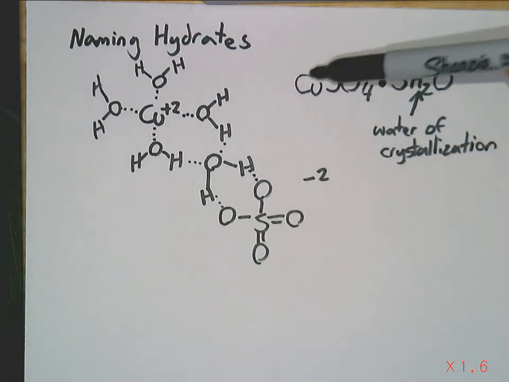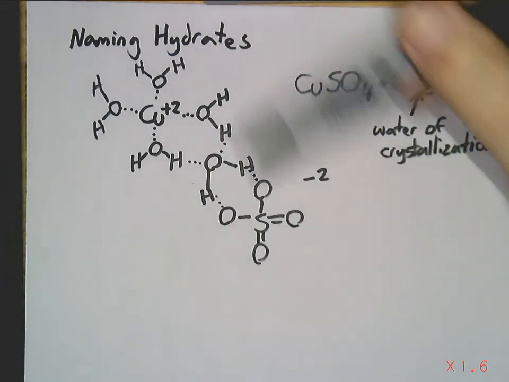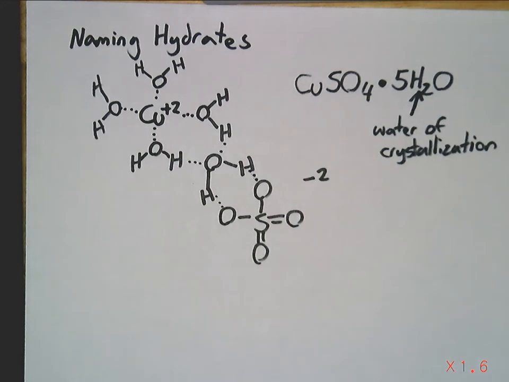This water will go away, and you'll just have copper-2 sulfate, and the crystal structure will be destroyed. It no longer has the water molecules to glue it together like this, and you'll get this crumbly white powder instead of this bright blue crystal. So that dot is showing you that the waters are loosely bound there.